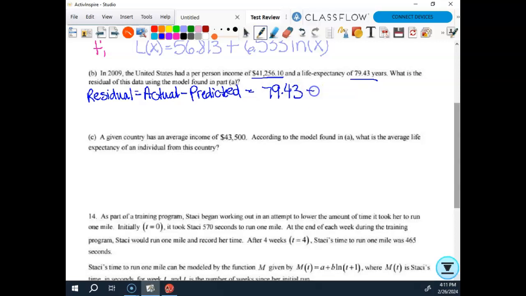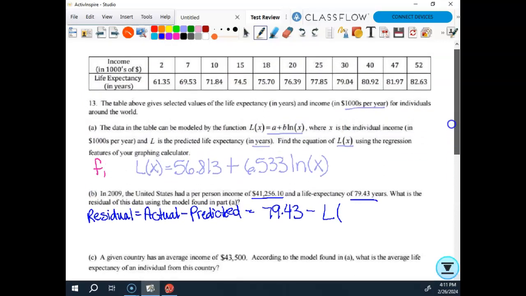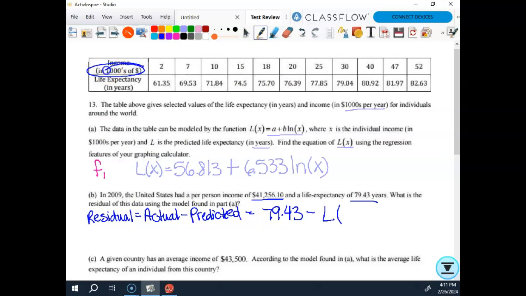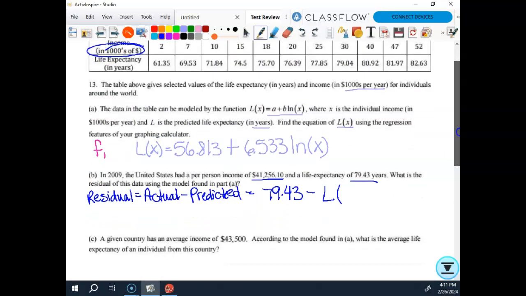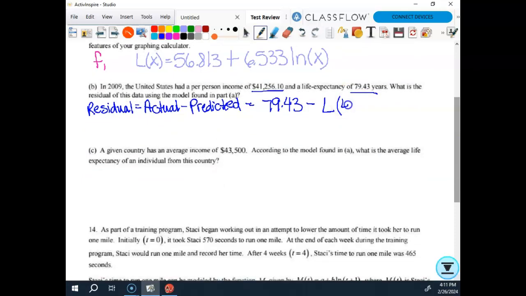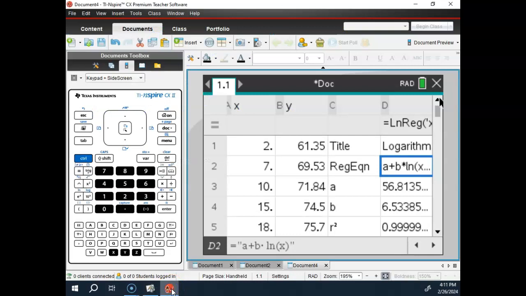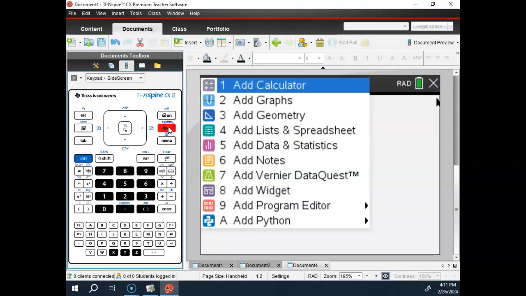All right, which means that I'm going to take the actual life expectancy, which is 79.43, and I'm going to subtract L of, but I'm not putting in 41,000 because remember, this is in thousands of dollars. So 41,000, if I want to talk about it in thousands of dollars, that is 41.25610. And I would use the whole thing that they have there. Okay. All right, so then I'm going to go to my calculator. And I'm going to add a page so I can have the calculator screen.